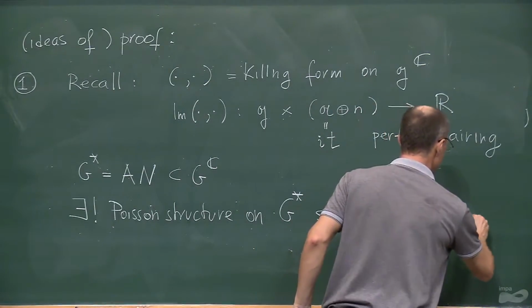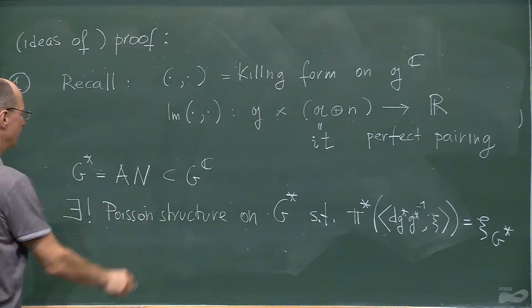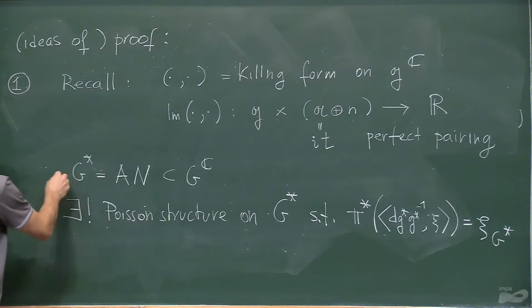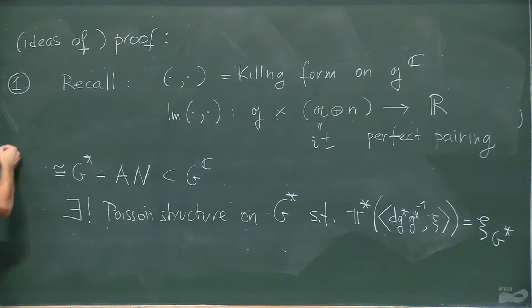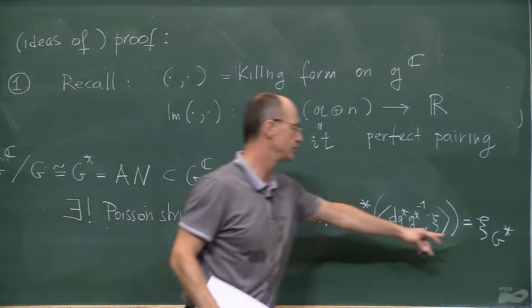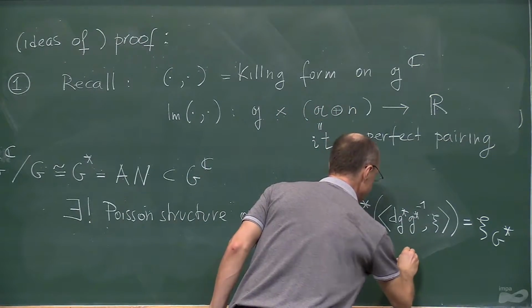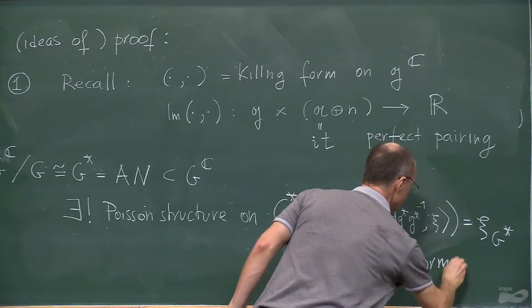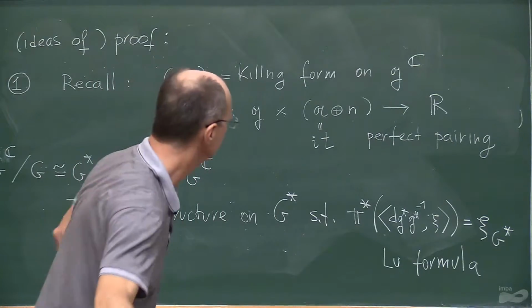So this will be equal to the fundamental vector field. And this fundamental vector field I define using the following. This is also isomorphic to GC mod G. So G acts on the left, and that's the corresponding vector field. That's also a formula that Lu used to define her moment maps. So that's a Lu formula.